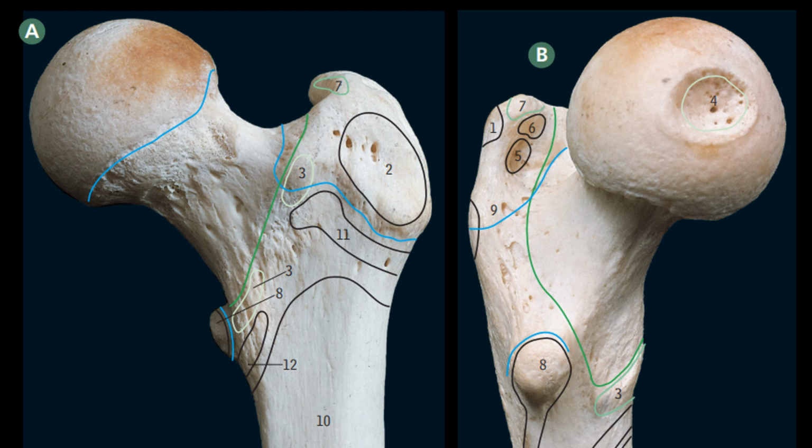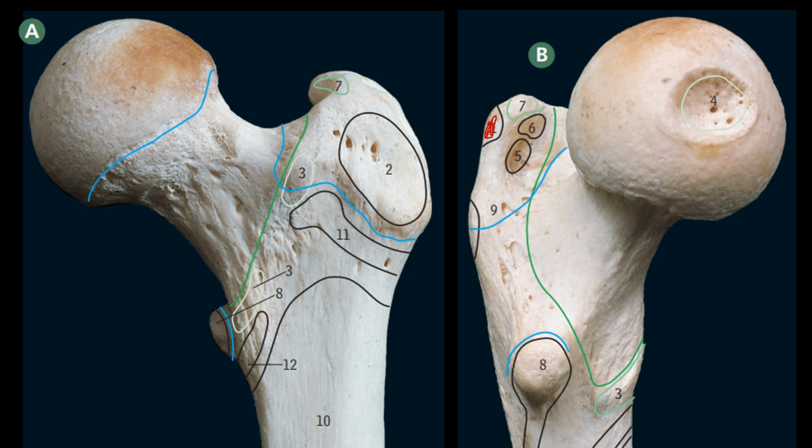First of all, number 1 is the landmark where the gluteus medius attaches. The gluteus medius inserts onto the ridge on the lateral surface, behind the ridge of the gluteus maximus.